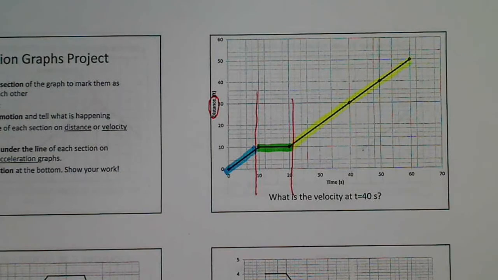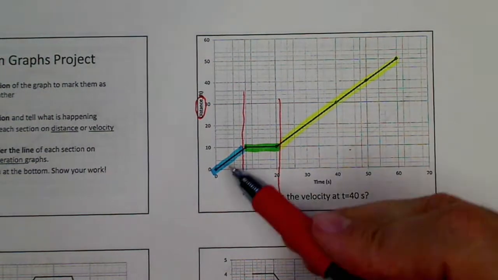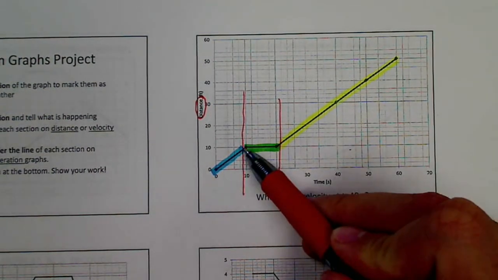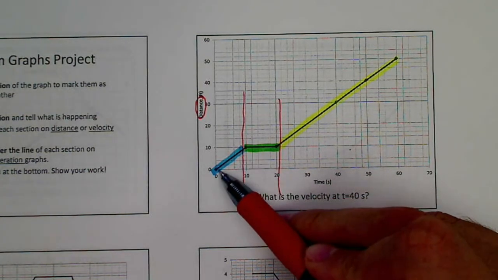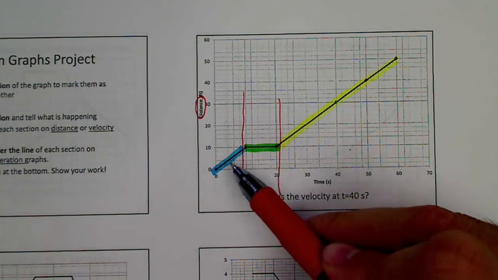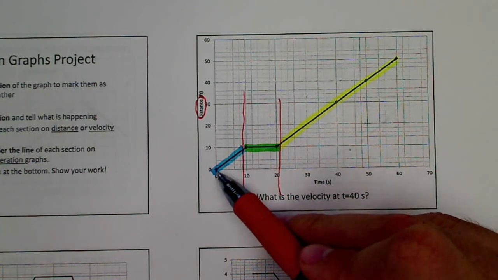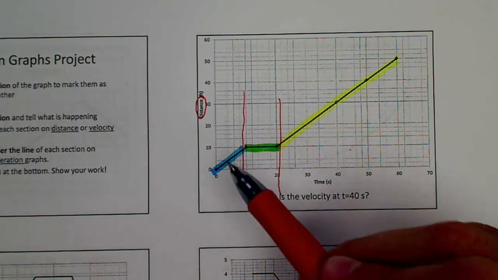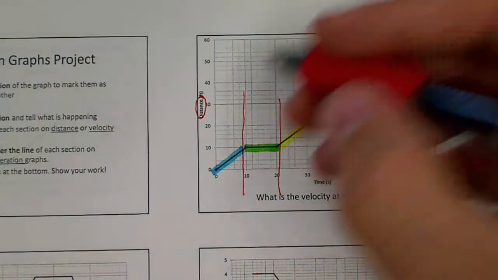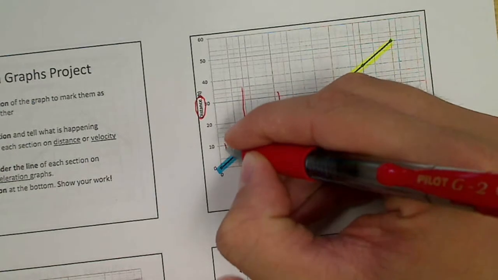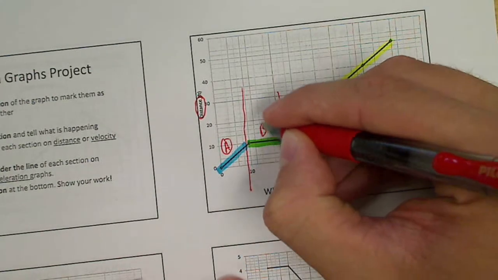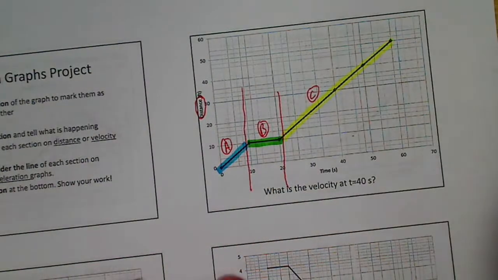So let's look at this distance graph. So for this first section, the distance is getting more positive, so it is going forward. Now this is a straight line, so if we want to describe this motion, we said it's moving forward at constant velocity. Okay? So for this section, we would say, let's go ahead and put this as like an A, B, C section.